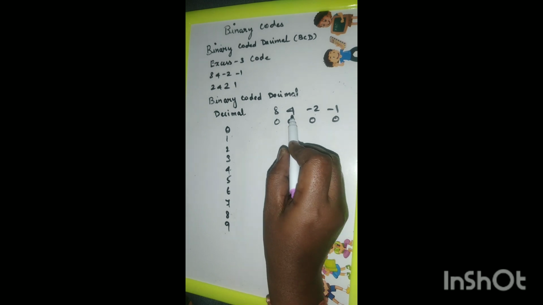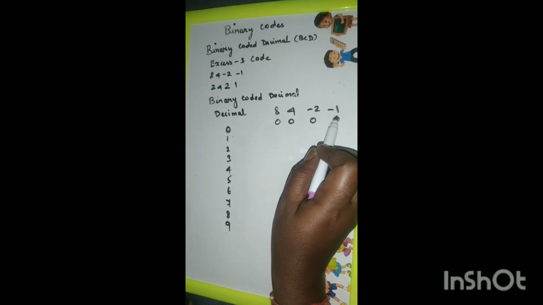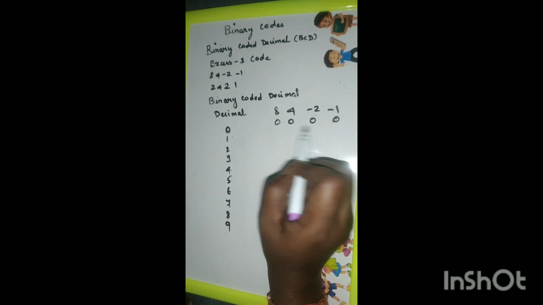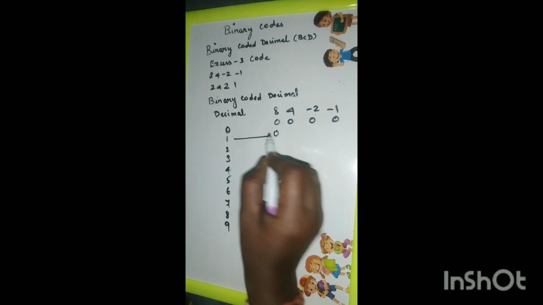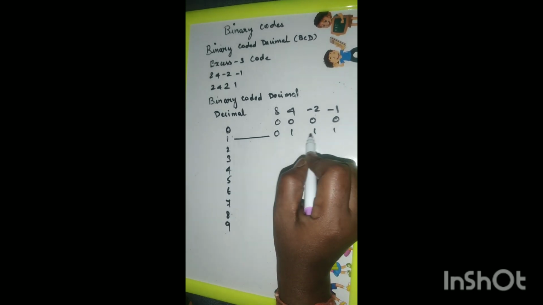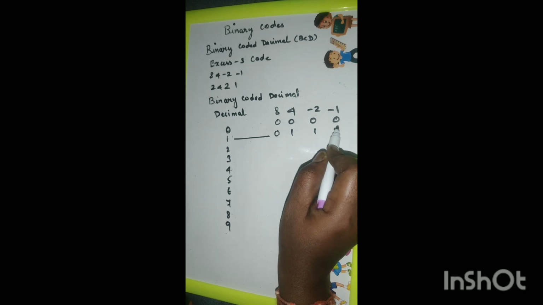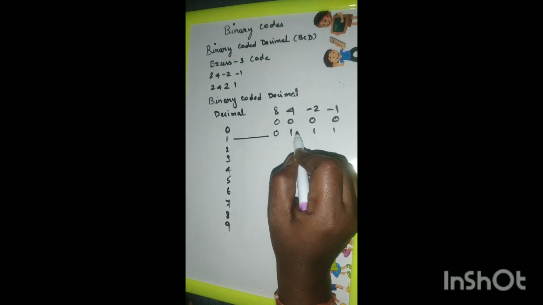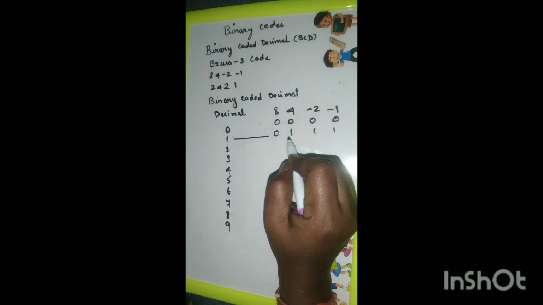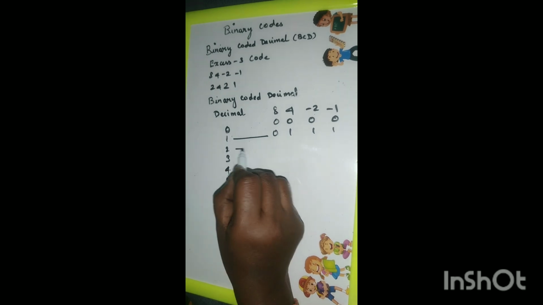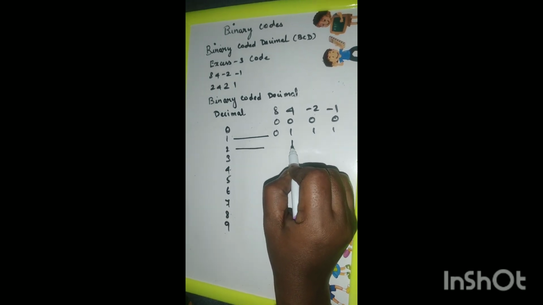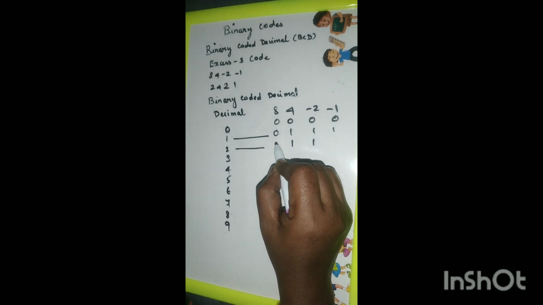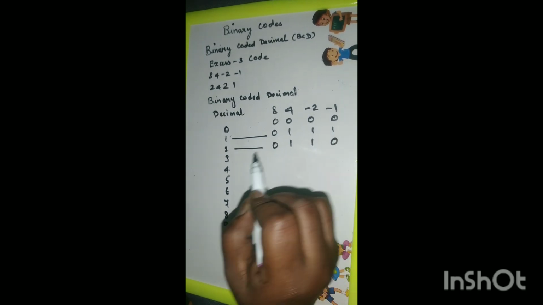So for 4 minus 2 minus 1 we assign 1, and for 8, 0. Next is 2: 4 minus 2 is 2, so we assign 4 and minus 2 as 1, and for 8 and minus 1, 0.